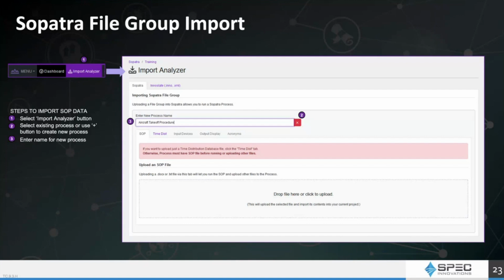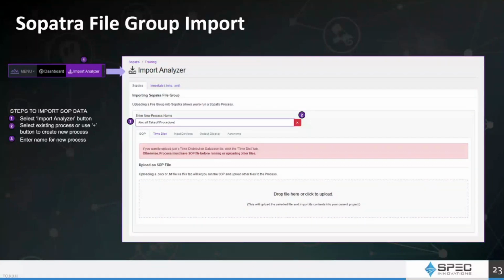the SOP tab, there's a time distribution tab. So these are imports for each of the different types of things we just went through. Obviously you have to start with the SOP file and get that in there. You only have to upload the time distribution, input devices, output devices, and acronyms once, by the way. So that's a little feature.